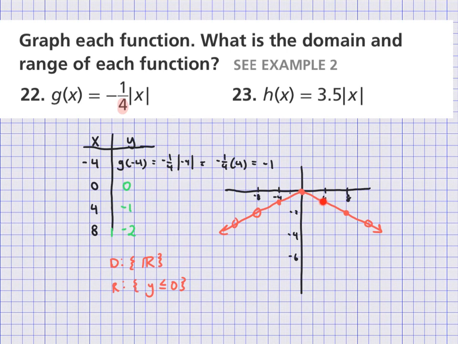Down 1 and right 4. Down 1, right 4. Down 1, right 4. Down 1, left 4. Down 1, left 4. Notice that my scale is different here, so that's why I'm counting ones here, but 2, 4 that way. So 1/4 actually is going to help me graph it faster later.